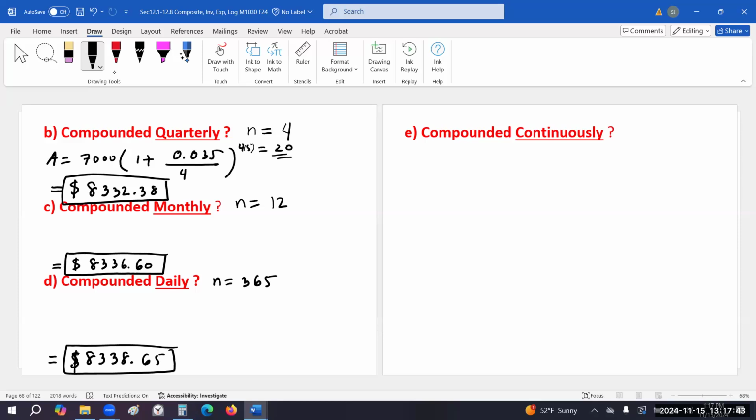Please write down the formula. Let's write down the formula. For compound, this is the formula. And for continuous, it's hard.